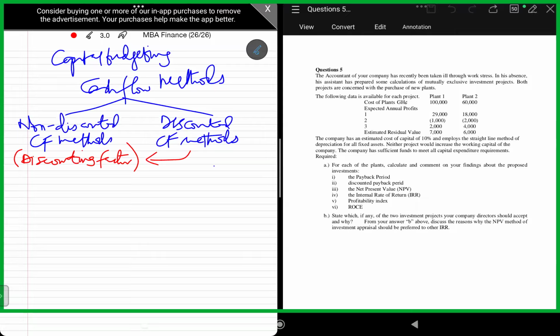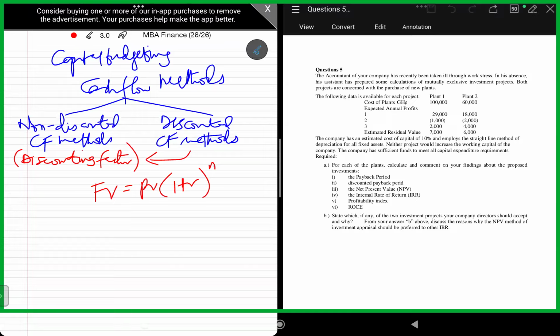What's the discount factor? The discount factor is basically used to reduce a future value to a present value. That is its main function. For example, the formula for future value is FV equals PV times (1 plus r) exponent n.